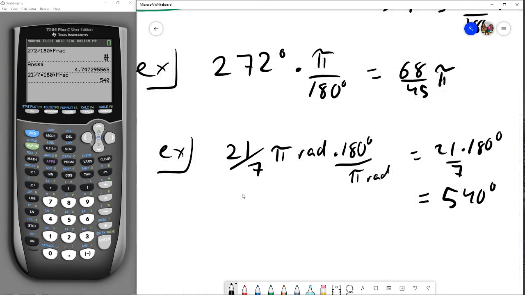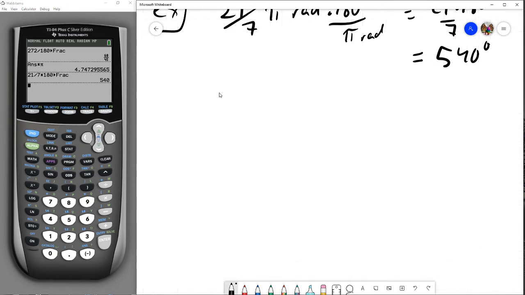Alright. Now, one thing you may be wondering is, in our previous video we talked about coterminal angles. And so let's go ahead and extend our idea of coterminal angles. So if I have, say, how about 21 over 11 pi? And if I want to find an angle that's coterminal to this, we can find a positive one and a negative one.